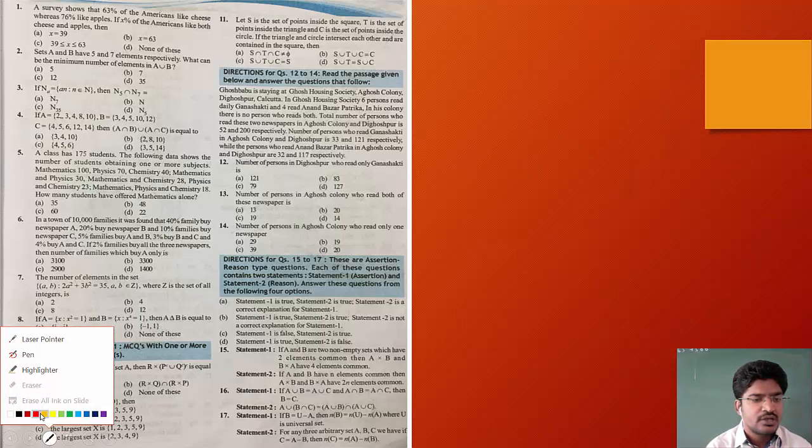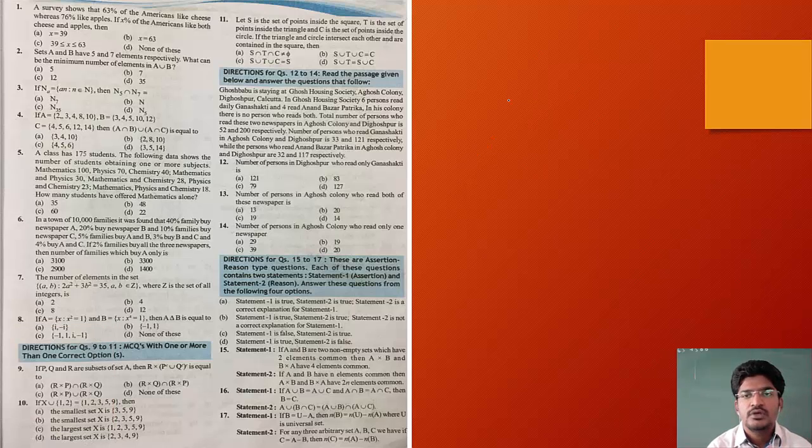So, first let us take that particular formula, that is A symmetric B is equal to A minus B union B minus A. Clear? So, that means you must know what is A minus B and what is B minus A, then you can calculate this particular term.